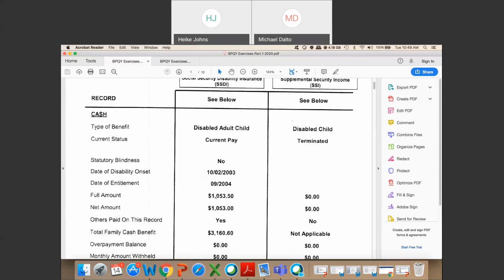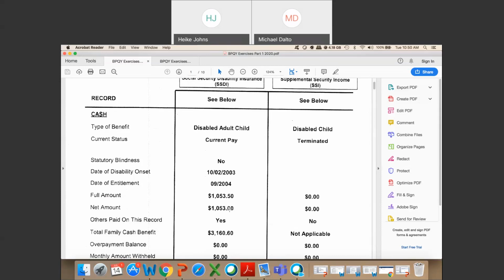The full amount of the benefit is $1,053.50 a month. That tells you a clue about why the SSI may have been terminated. It's likely that this person started out on SSI, then was switched to the disabled adult child or childhood disability benefit on a parent's record. With $1,053 a month of that Title II benefit, that would cause their SSI to terminate. The net amount is $1,053 a month.